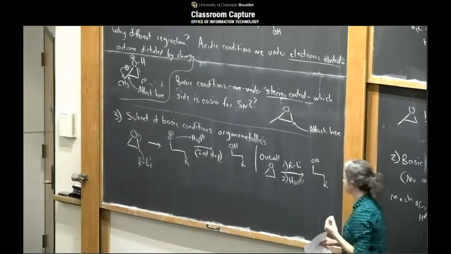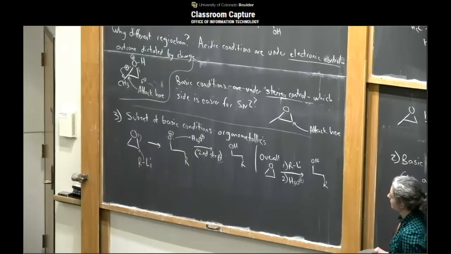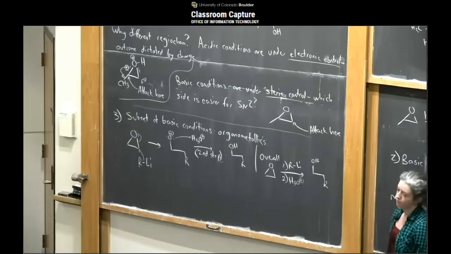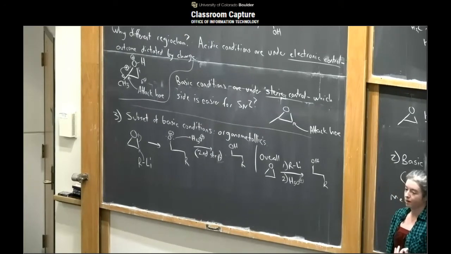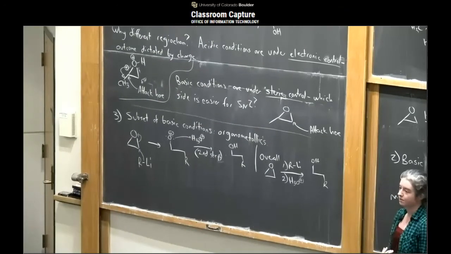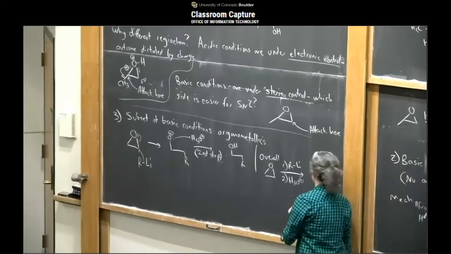The problem is that RLi is good as a base and it's good as a nucleophile. In fact, it's so basic that if you give it the opportunity to just rip a proton off of anywhere at all, it's going to do that instead of this nicely behaved stuff that we want.